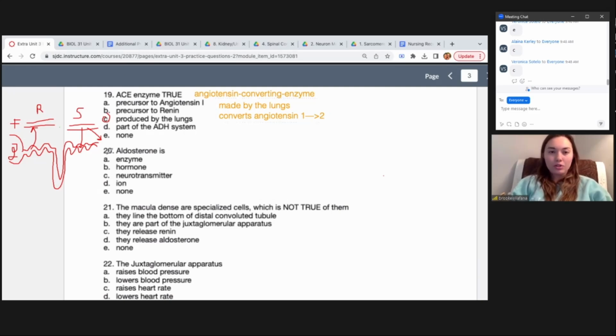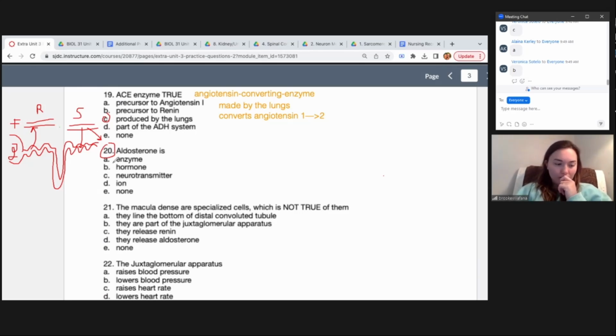So it's responsible for converting that angiotensin 1 into angiotensin 2. All right, question 20. Aldosterone is which of these? Good.